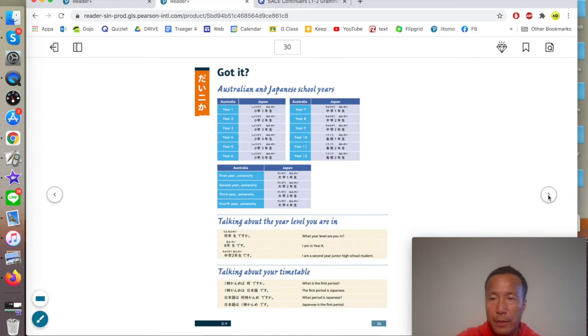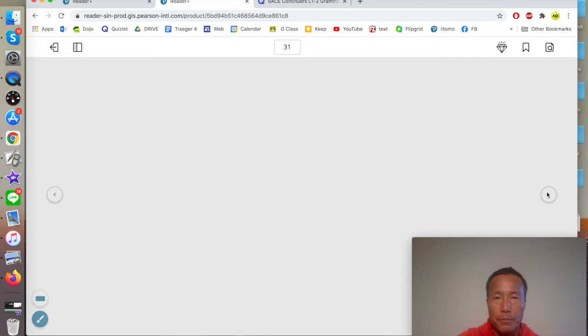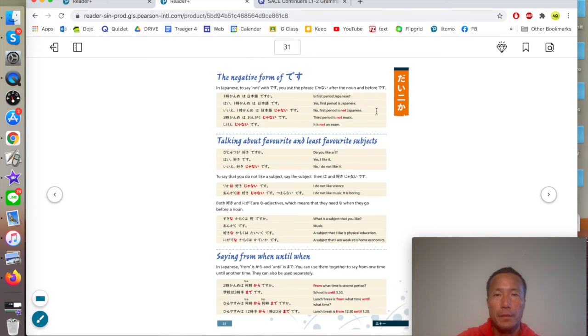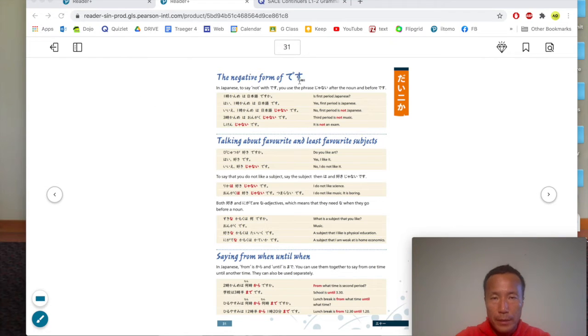Alright, next. Now this one is the negative form of this. At the end, you guys know that it is です. But the negative form is you change this to じゃない.